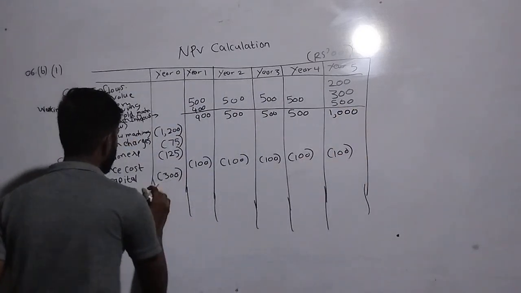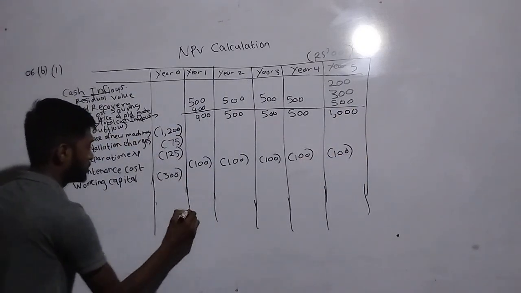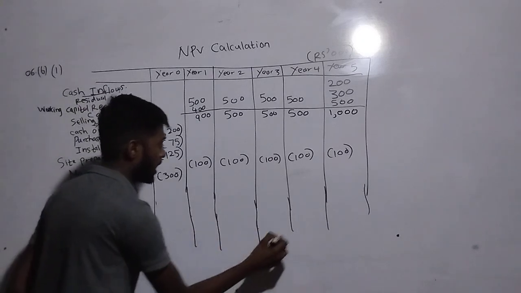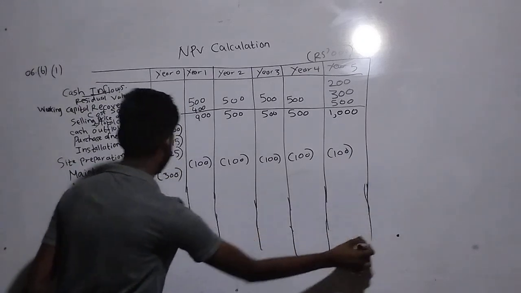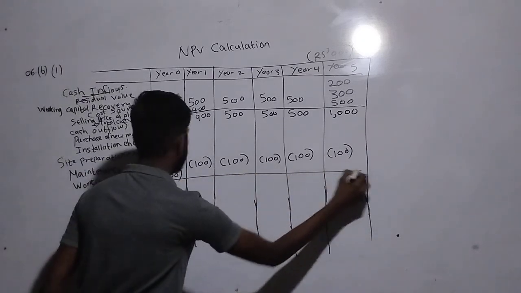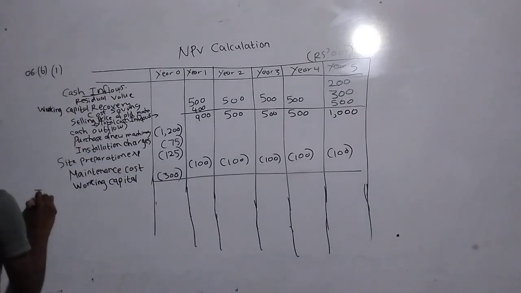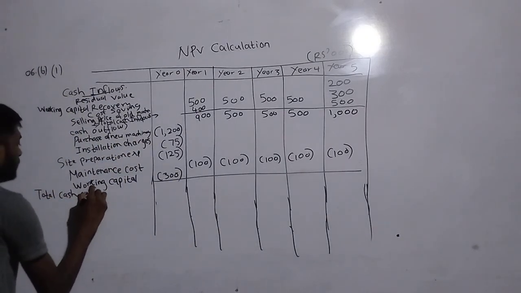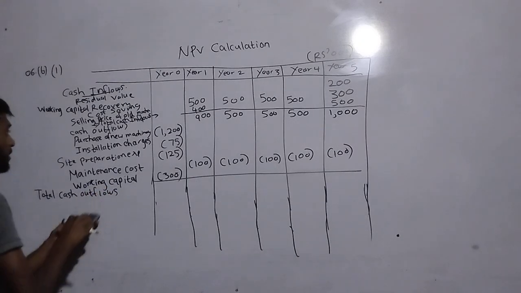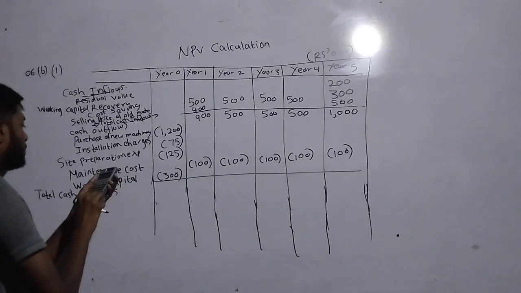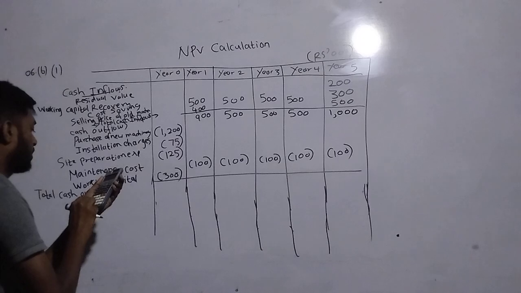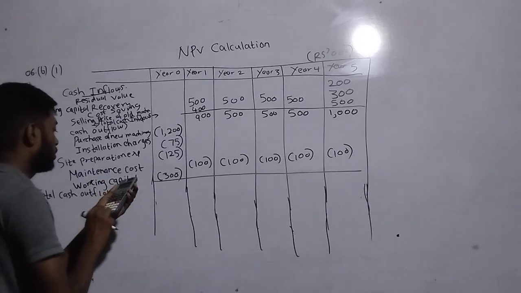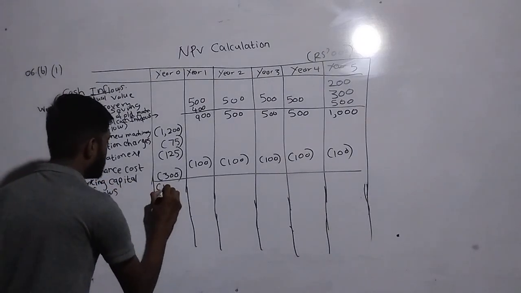Then also take the total cash outflows. So let me say here total cash outflows. Initially 1,200 plus 75 plus 125 plus 300, that is going to give you minus 1,700.